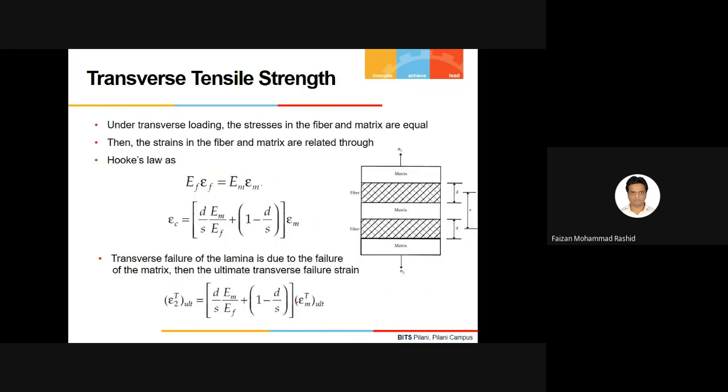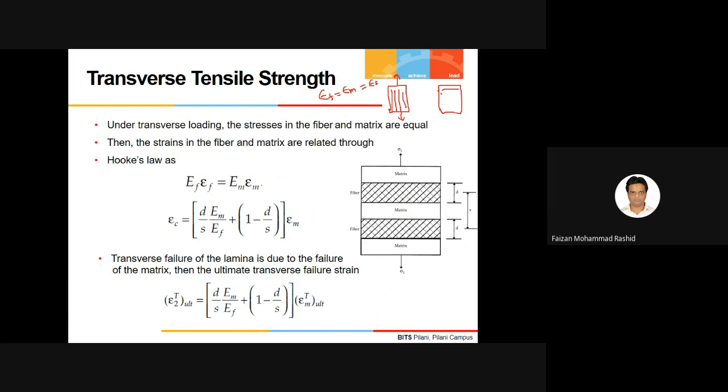Okay, and in case what happens here, I told you there are two situations: iso stress and iso strain situation. When all the fibers are aligned like this one and I am pulling like this one, here our assumption is that the strain in fiber is equal to strain in matrix is equal to strain in composite material.